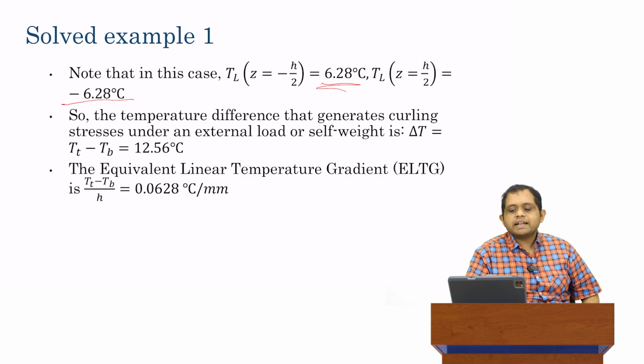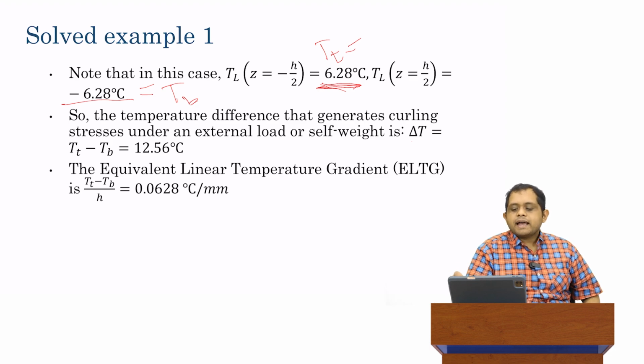So if we calculate the temperature difference, this value I have over here at the top, I can write as Tt is equal to 6.28 degrees Celsius. And this value at the bottom I can write as Tb. What we are interested in for curling is not the actual value of the temperature, but the difference in the temperature. So we are interested in the linear temperature difference of this equivalent linear temperature distribution. And that linear temperature difference, delta T, by definition, keep in mind again, this is the actual definition.